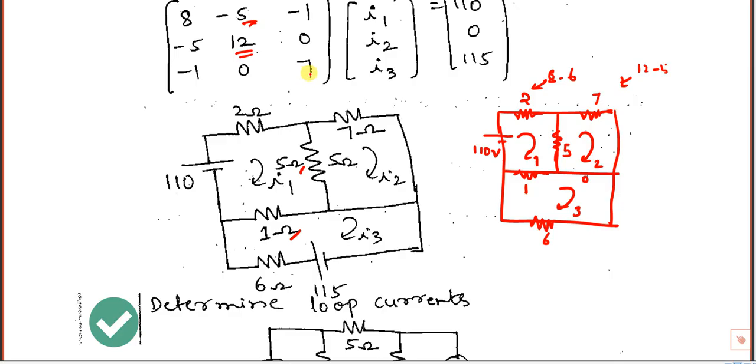This is 7 minus the common element. And there is a voltage of 115. Again it should be minus to plus. So you can write it here. While writing, you write first negative, next positive. While writing KVL, minus to plus is also minus plus. So this is the answer.